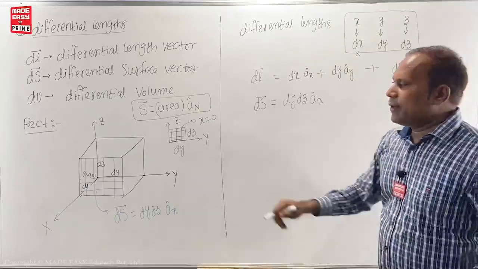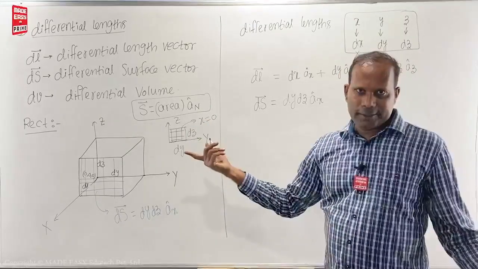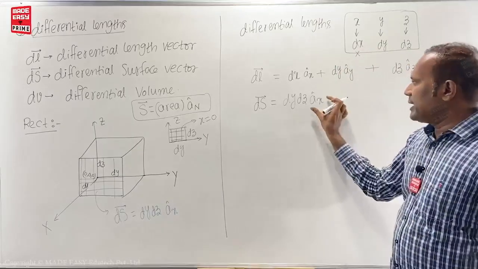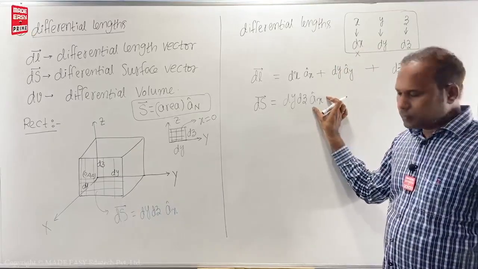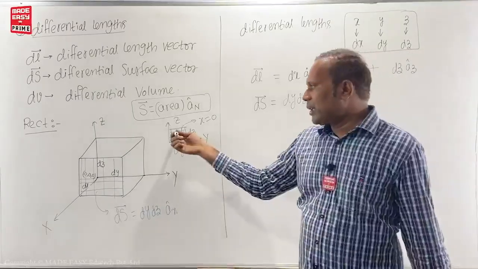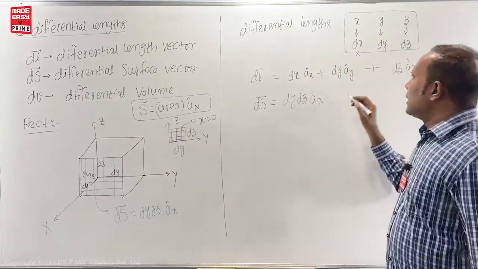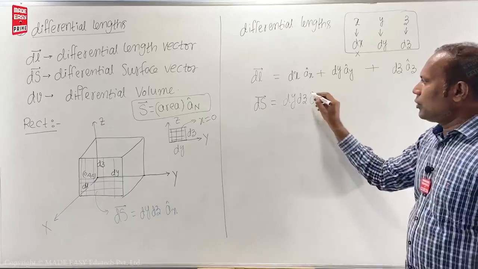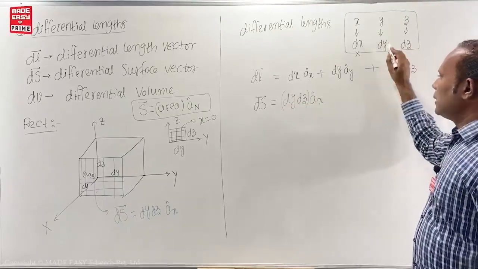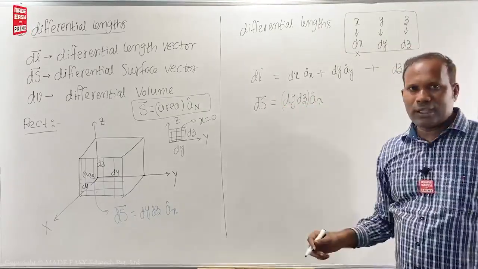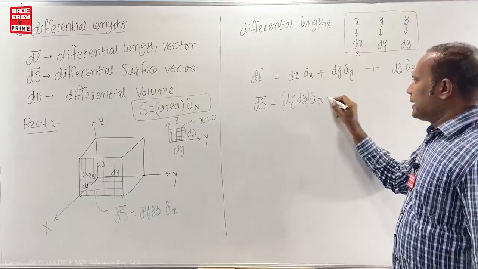So for this surface, x is constant. Then surface vector direction is ax cap, because normal unit vector to the surface is ax cap only. Now you leave this one, then you multiply these two, you get a differential surface vector equation in x direction.